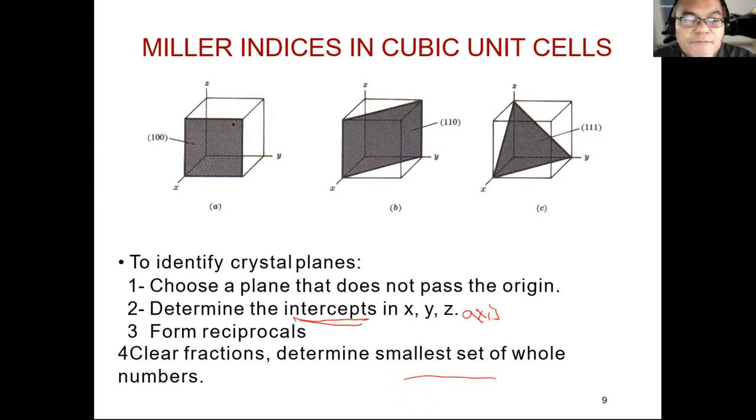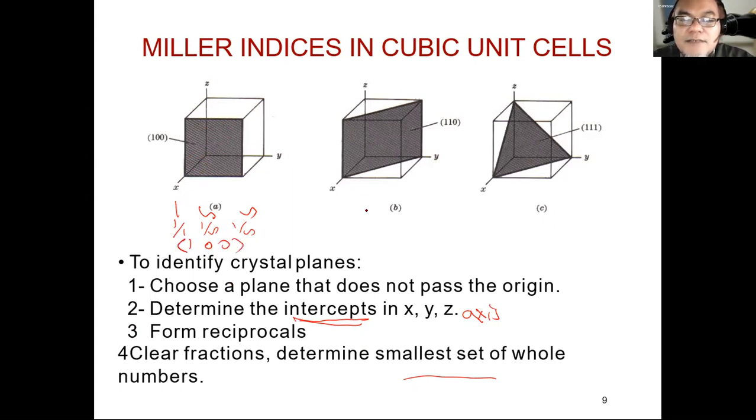For example, this plane intercepts x at 1, y at infinity, and z also at infinity. So you form the reciprocal: 1 over 1, 1 over infinity, 1 over infinity. This becomes 1, 0, 0. You put it in parentheses.